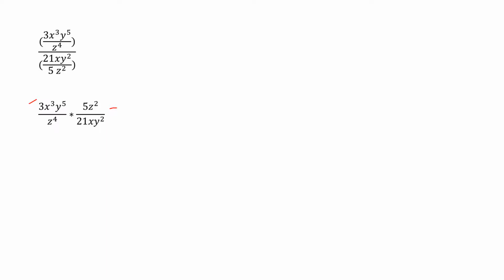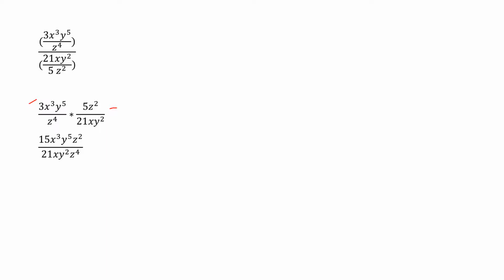Now we simply just have to multiply these two fractions, right? Okay, so we get 15x cubed y to the power of 5 z to the power of 2 divided by 21x y square z to the power of 4. For the simplifying, we know 15 is 3 into 5, 21 is 3 into 7, so 3 gets cancelled out.